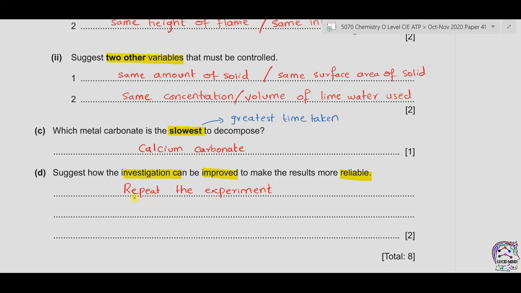And after repetition of experiment, we can take the average, or we can also use consistent results. This means that we should take the values that are closer together.